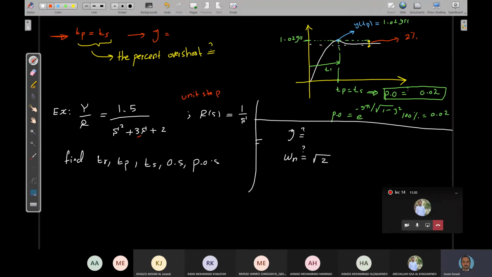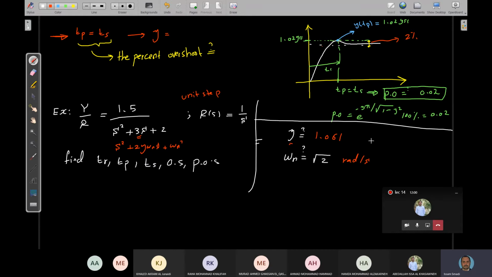Zeta from here, remember, this has a standard form which states s squared plus 2 zeta omega n s plus omega n squared. So 2 zeta omega n equals 3. So simply zeta will equal 3 over 2 times the square root of 2. And if we do the math, this will equal 1.061. Omega n is in rad per second, and zeta is dimensionless, has no unit.